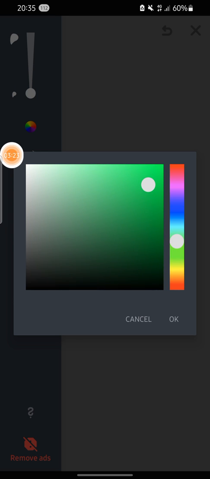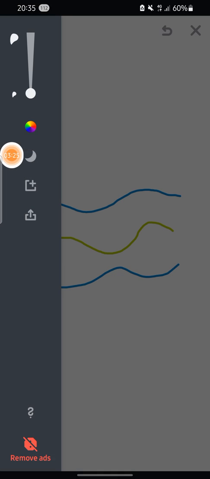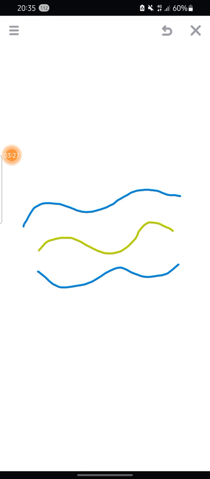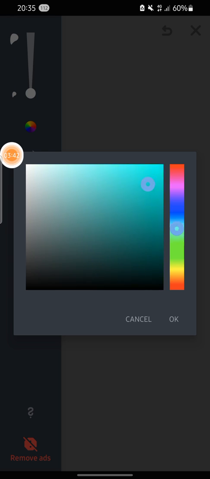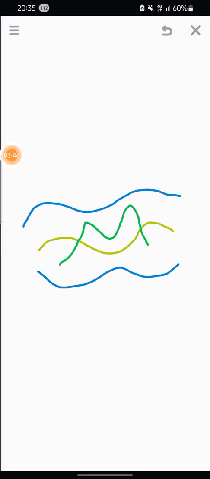Now we want to see price movement, which is the price line. This is how the price will be moving. Also, we want to see something red.